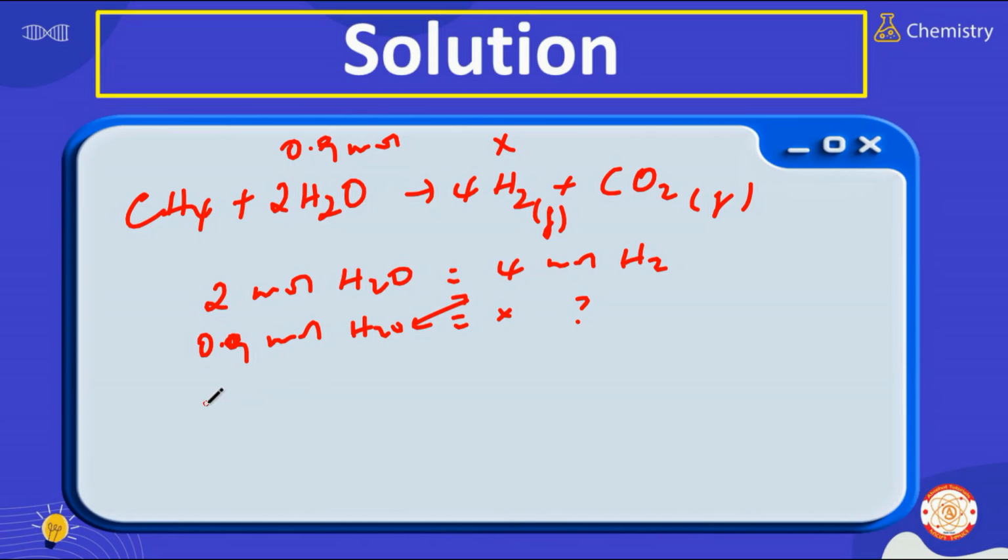So X, right? If you solve this, we get 1.8 moles of hydrogen. So this is the amount of hydrogen produced from 0.9 moles of water.